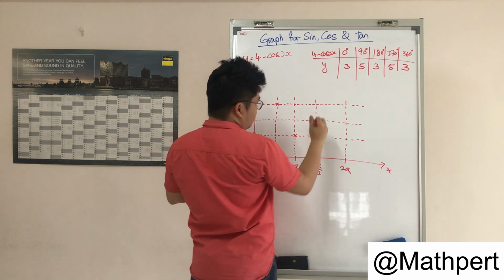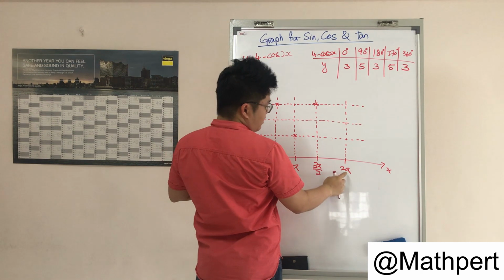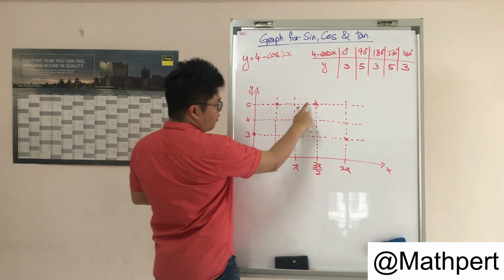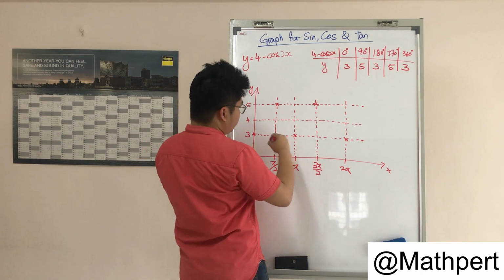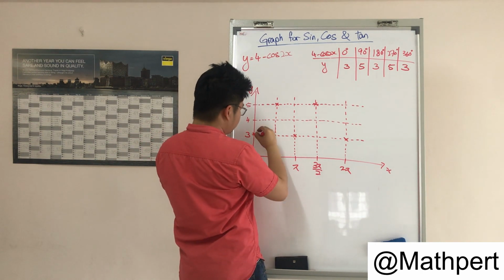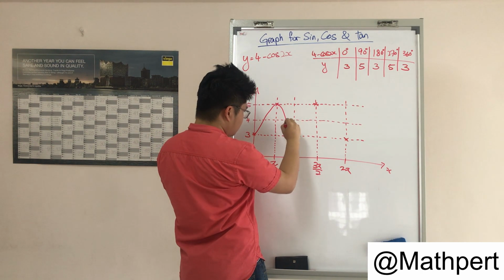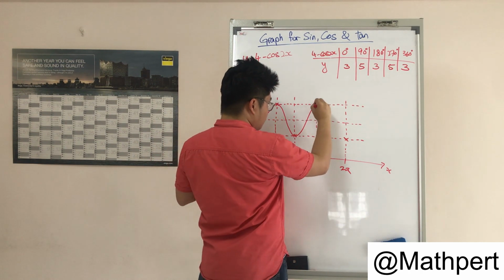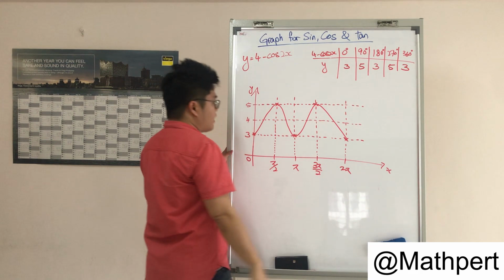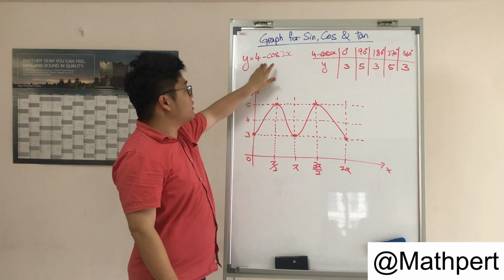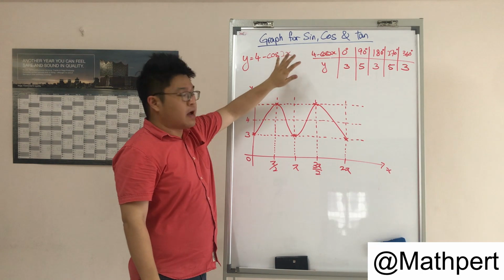And this one 270 is here. And here is 3. So we have 1, 2, 3, 4, 5, all the 5 points. Then let's roll it. Right? This should be the graph for y equals to 4 minus cos 2x.